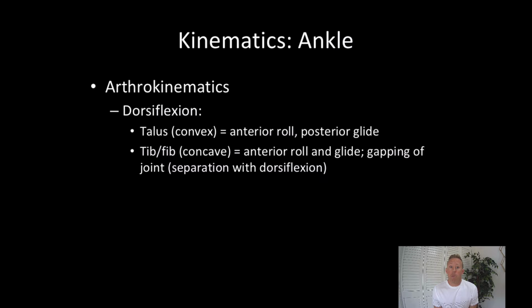In that case, the concave side of the joint is moving, and the concave bones have roll and glide in the same direction. So if I went down in a squat, I would have anterior roll and glide. The tibia and fibula are both rolling and gliding anteriorly as I go into dorsiflexion in a closed chain fashion.